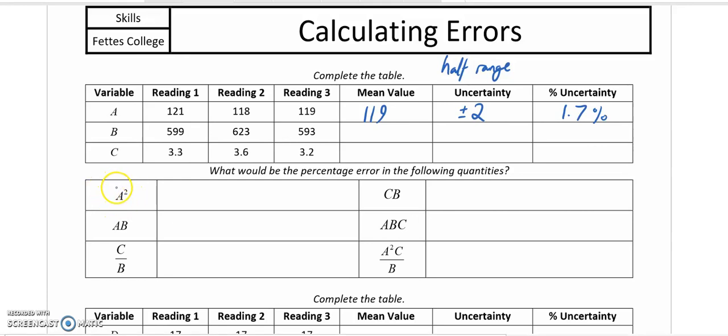For this one, A squared, the percentage uncertainty of A squared is 2 lots of the percentage uncertainty on A. And this is how I tend to write it.